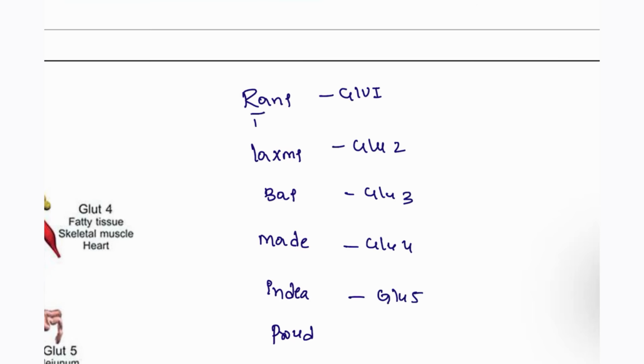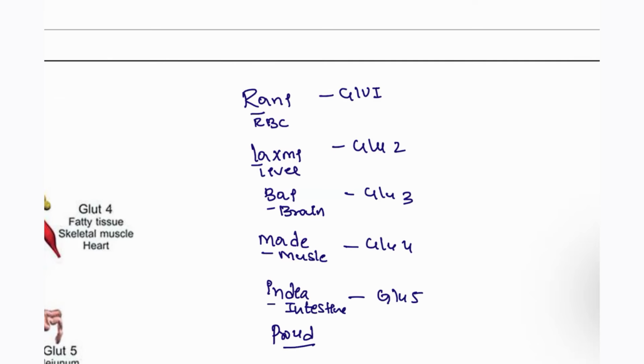R for RBC, L for liver, B for brain, M for muscle, and I for intestine. The word proud is just for the mnemonic.